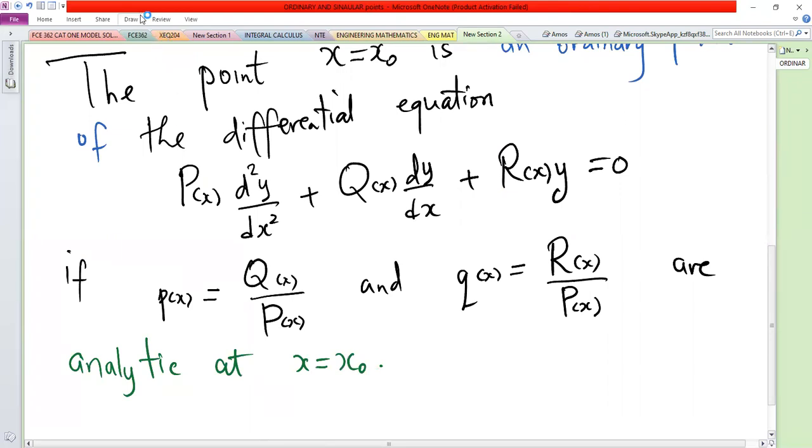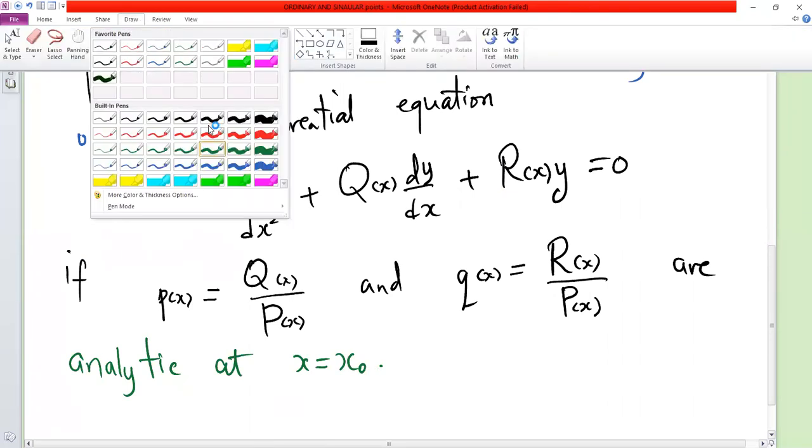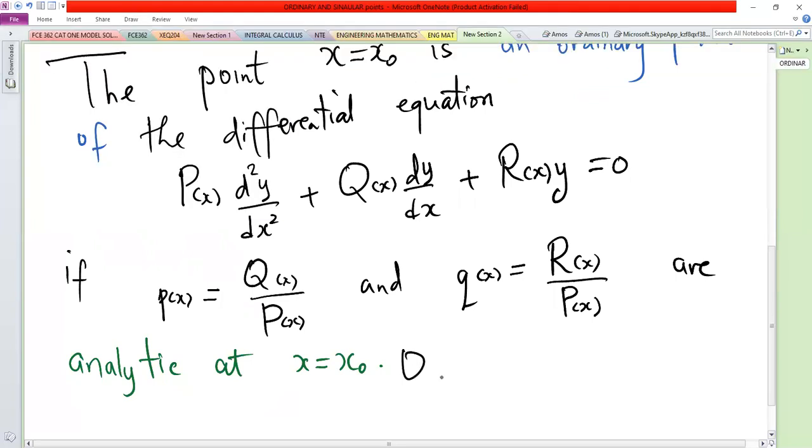Otherwise, the point x naught is a singular point.